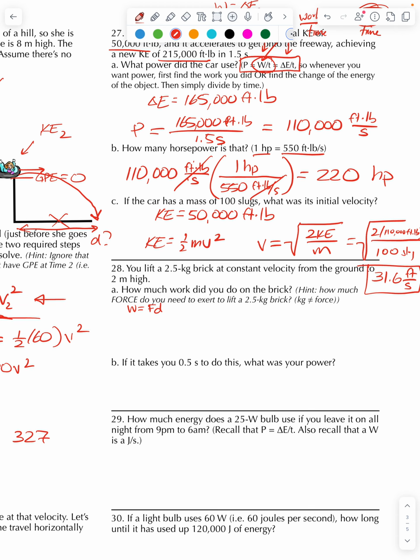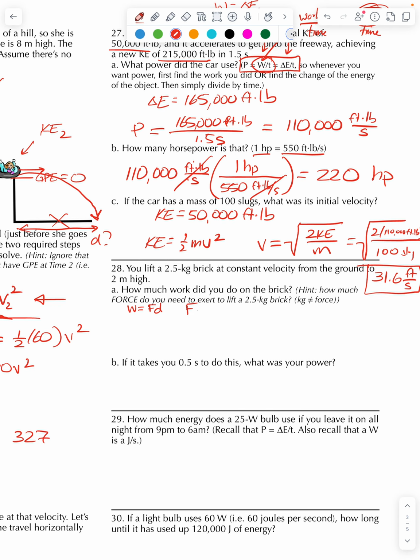We're not speeding it up, we're just lifting it higher. Well, you need to exert a force equal to the weight of the brick. So whatever the weight of the brick is, that's the force you have to exert to move it up at constant velocity. But as I said in my hint, I won't give you a hint on the final, the weight of the brick is not 2.5 kilograms. We need to find the weight.